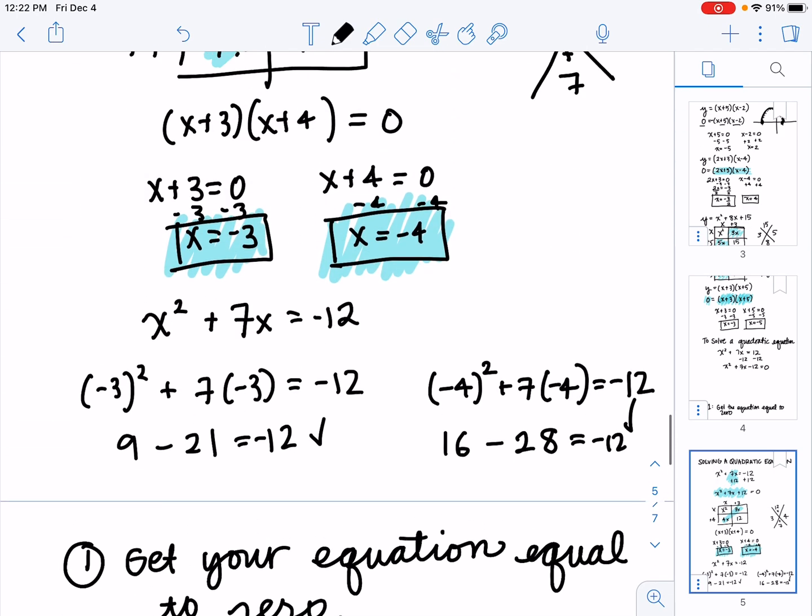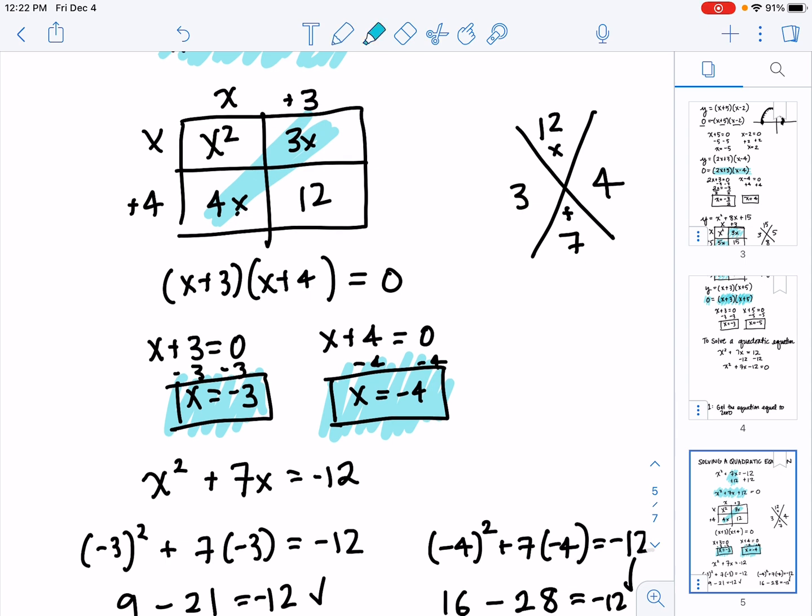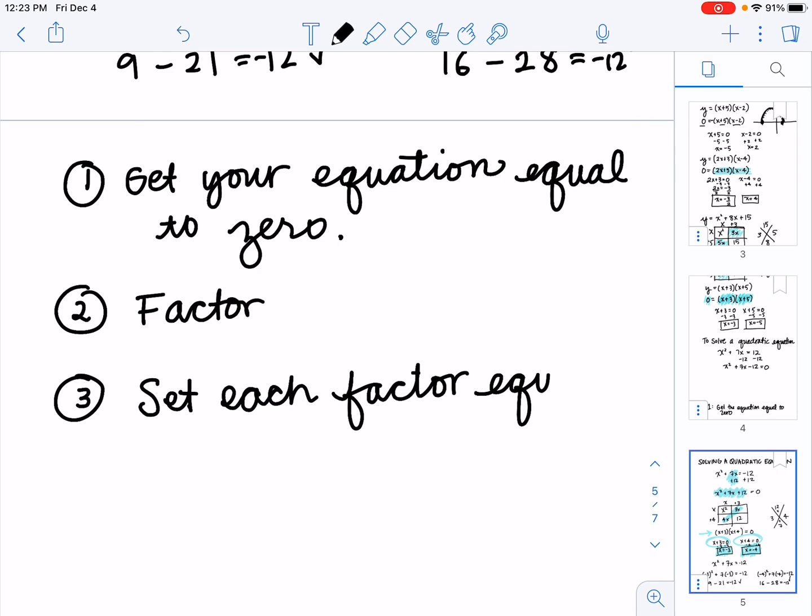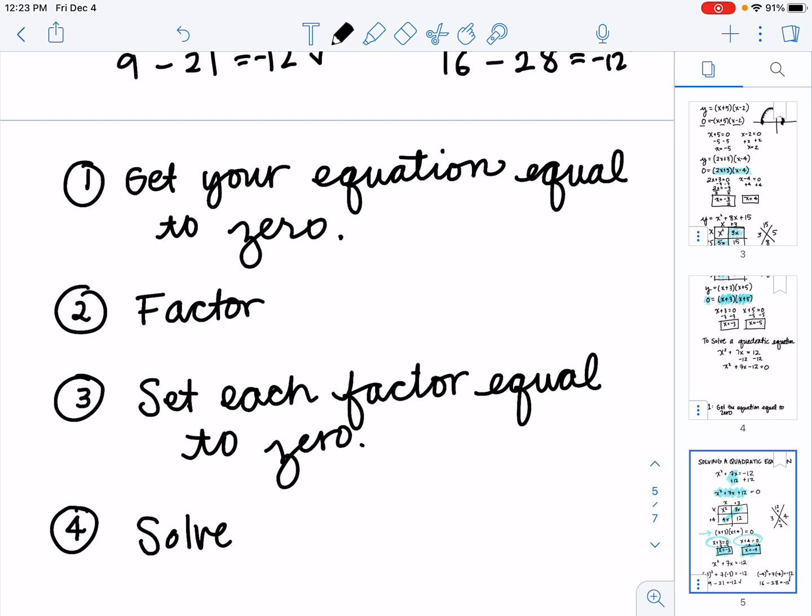So step 3, and we'll look up here, once you factor it, step 3 is to set each factor equal to 0. Write 2 equations. And then solve each equation.